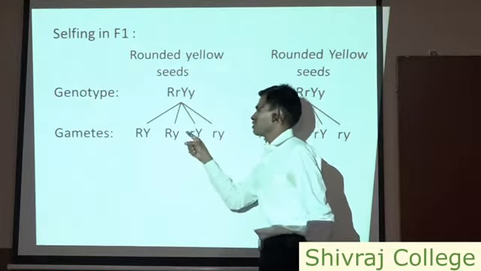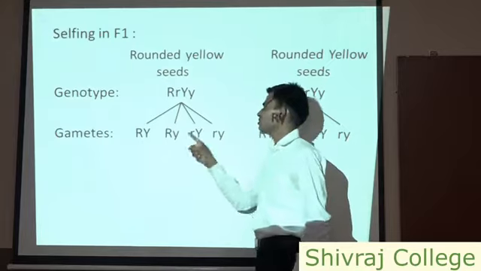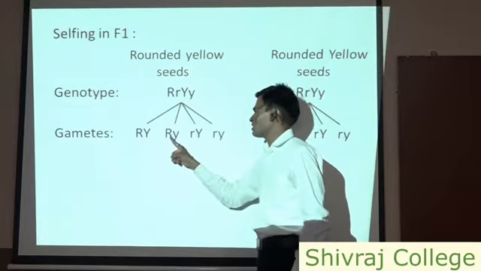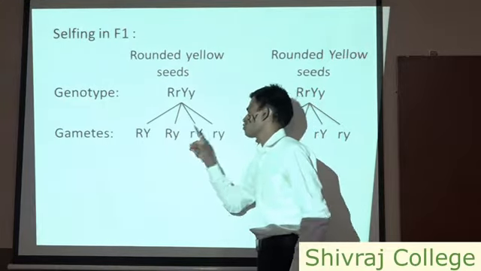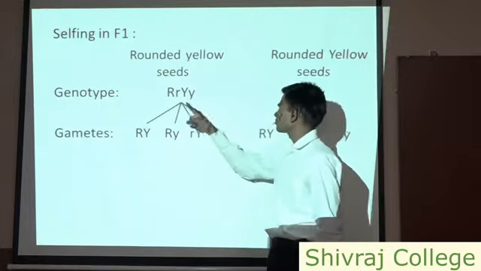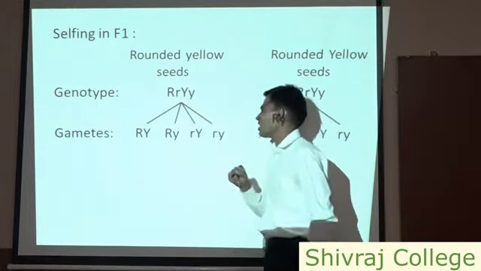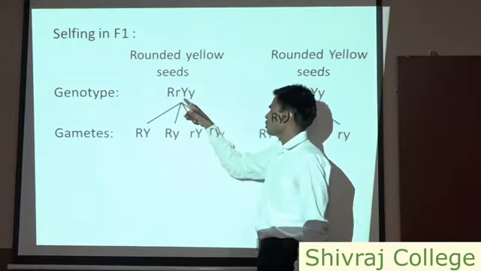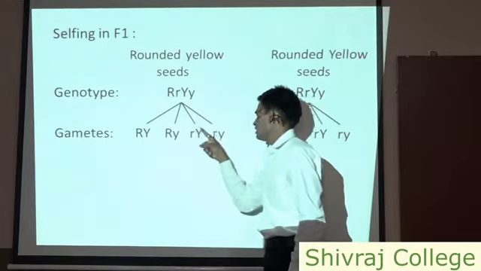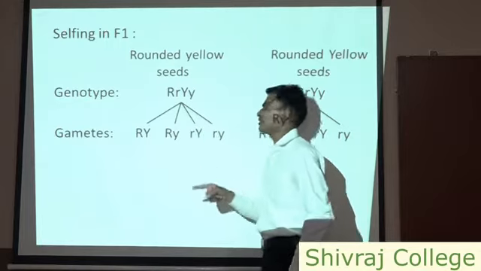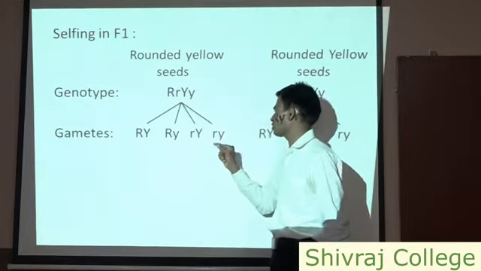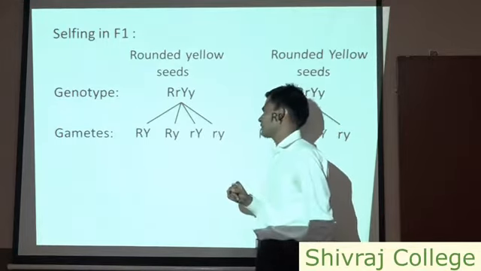So the second gamete has the genotype capital R, small y. Next, out of capital R, small r, only small r, and out of capital Y, small y, only capital Y. So this gamete has small r, capital Y.